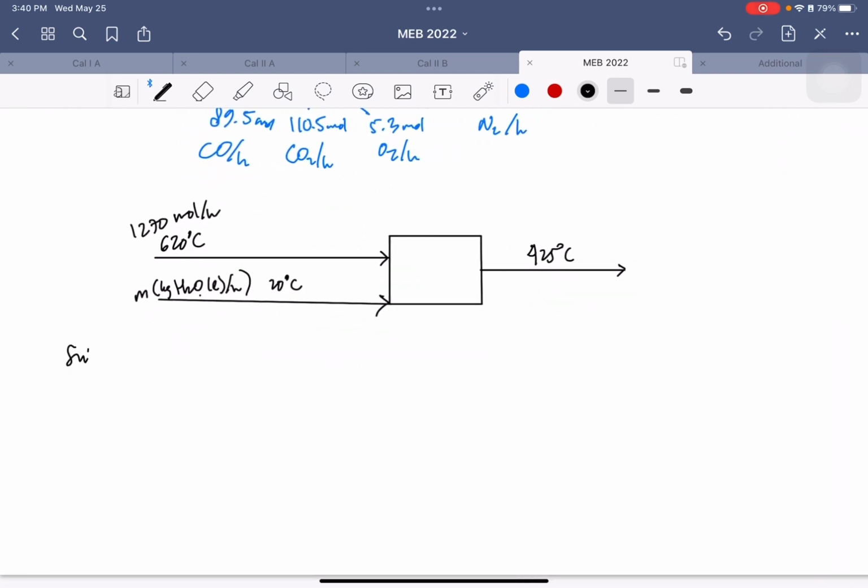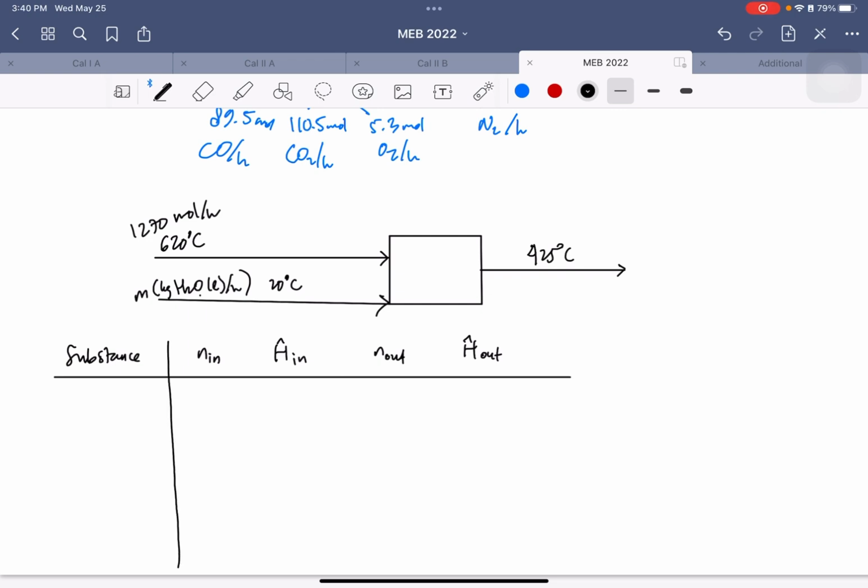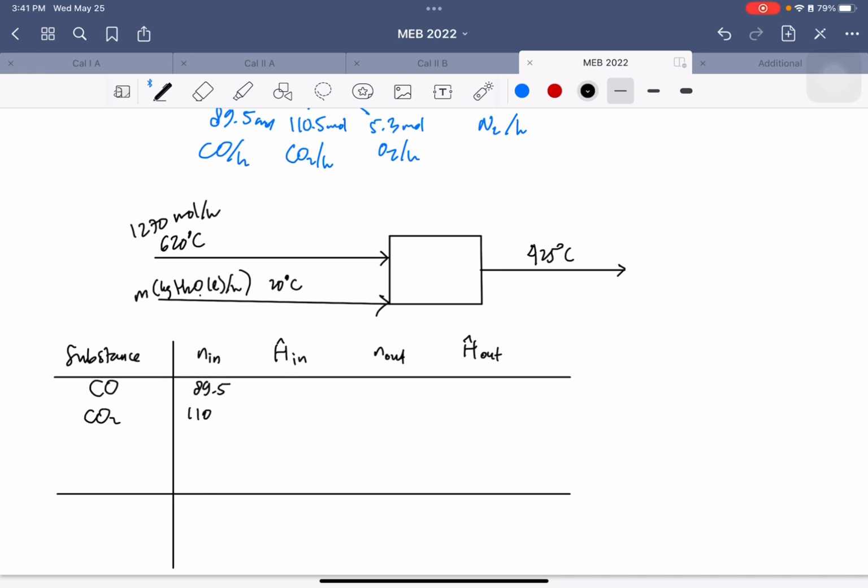So we have a substance, the mole in, the specific enthalpy in, the mole out, the specific enthalpy out. Okay, this first substance is CO. It's 89.5. This is CO2, 1. Oxygen, this will be 5.3.